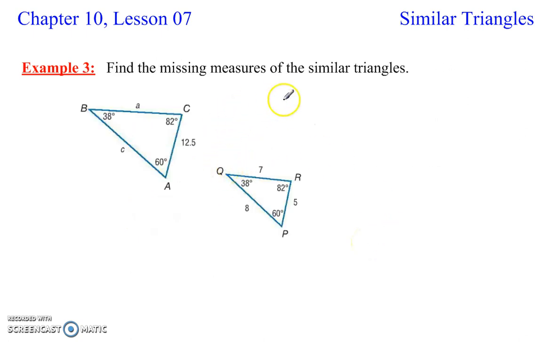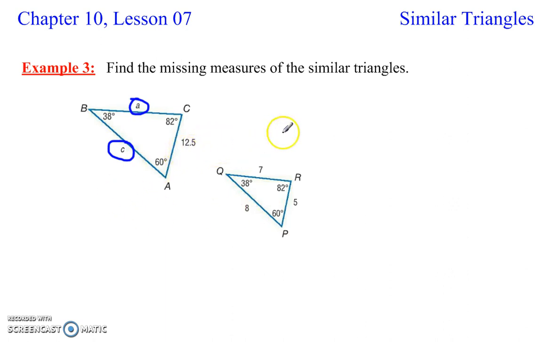Okay, if I want to find a missing measure in similar triangles, I know that they are similar. I can check the angles here, 60, 82, 38, 60, 82, 38. Okay, they are similar. Then I have sides I know, and then what I'm missing here. I'm looking for A and C. So those are the ones we want to find. There are several ways you can do this. You can find the scale factor between the two, and then multiply the other sides by that scale factor.